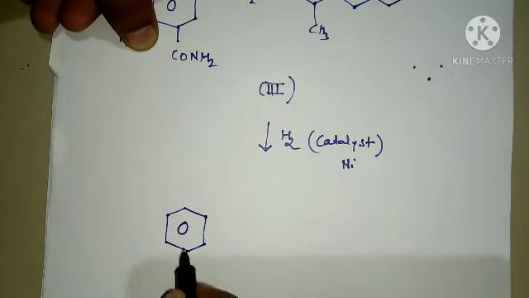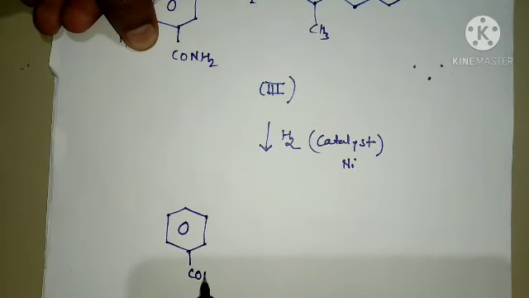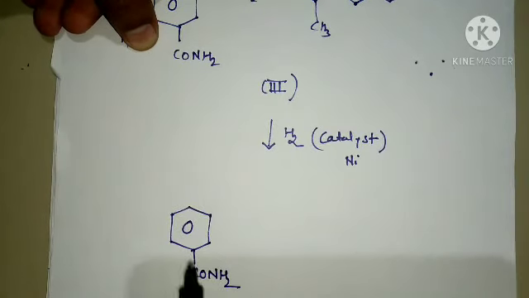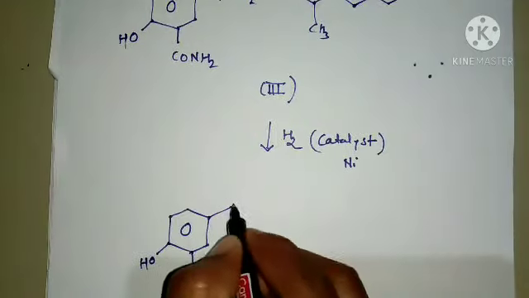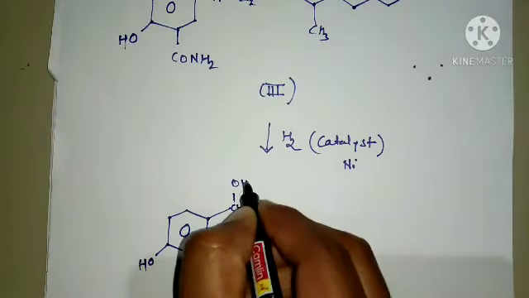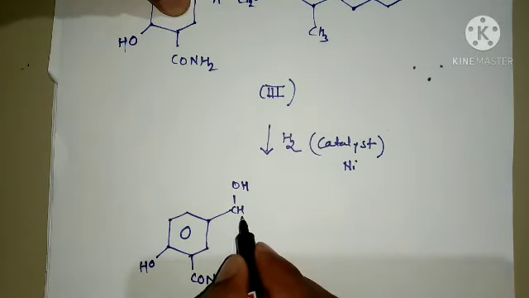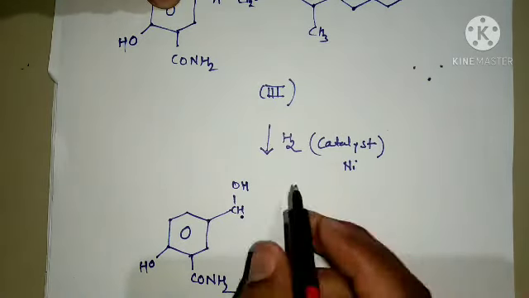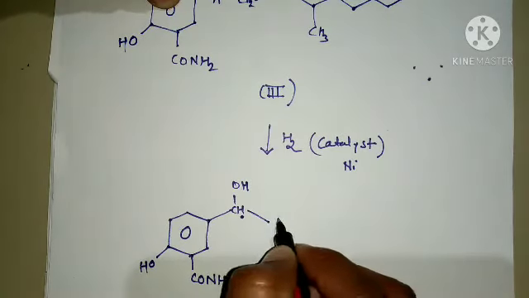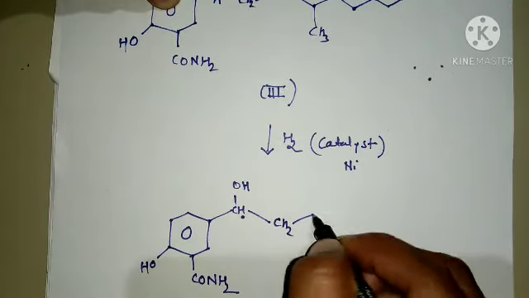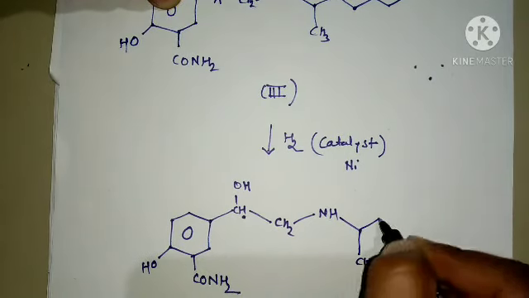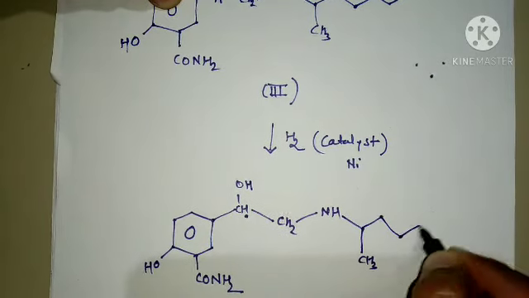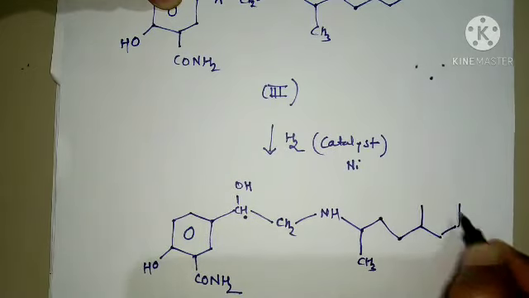That means how to write the product? First we write the benzene ring, and the benzene ring has a CONH2 group and OH, and further the C double bond O is reduced to CHOH. That means the ketone is reduced to an alcohol group, and the remaining part is the same, CH2 NH, then NH is bonded with CH3 CH2 CH2 and a benzene ring.